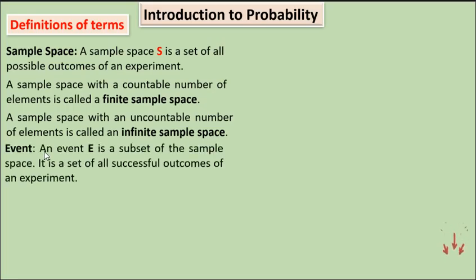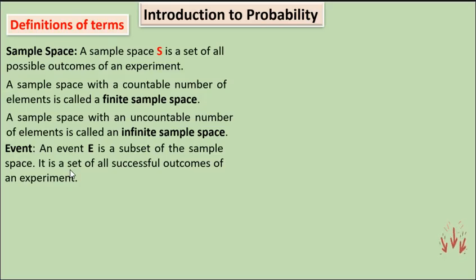Having looked at sample space, the next term is an event. What is an event? An event is any subset of the sample space. The sample space is like the universal set. Any other set that you can get from the sample space is a subset. It represents one or more outcomes that we're interested in. I talked about the sample space of tossing a die, 1 to 6.